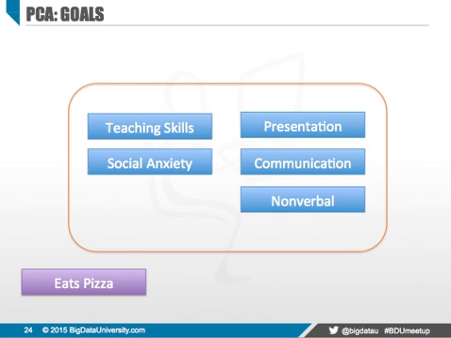Naturally, you can imagine that eating pizza is not going to be highly correlated with any of the teaching, social anxiety, presentation, communication, or nonverbal skills, and hence this variable will be dropped and will likely represent a very separate component. So in PCA, you're analyzing the total variance in the matrix, and you're looking at the correlations that are high enough to warrant inclusion in the component.